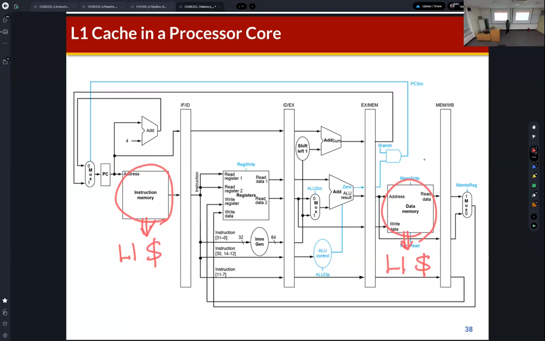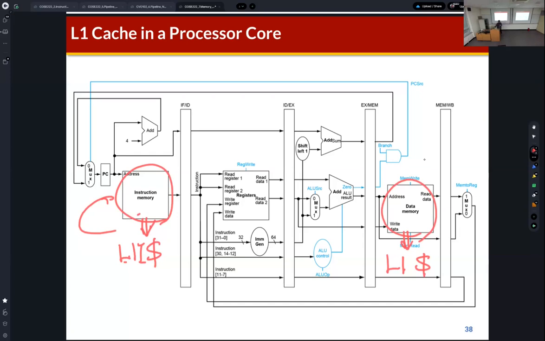So, as I mentioned, this is the level 1 cache, the highest level cache. And this is the instruction memory, so this is the L1 instruction cache, which means that the instruction is temporarily stored in the L1 instruction cache.